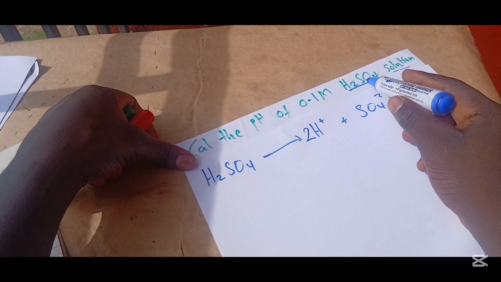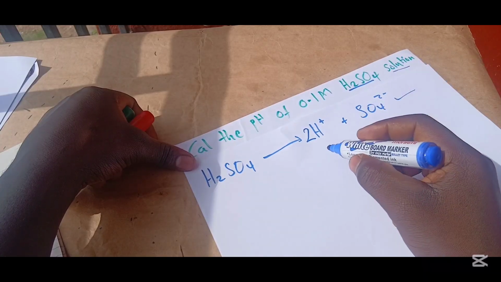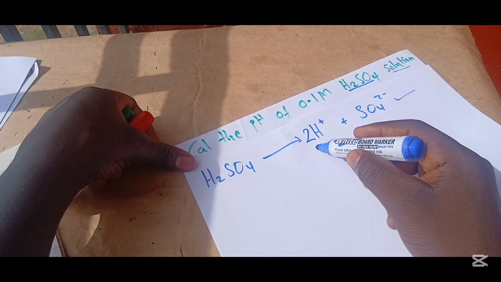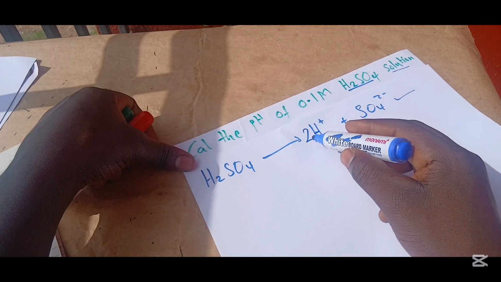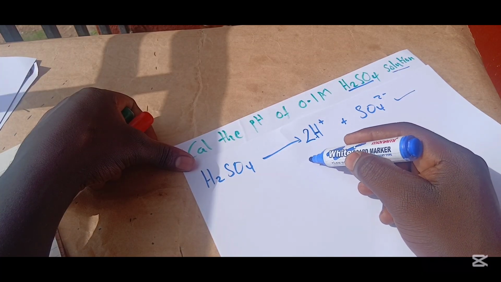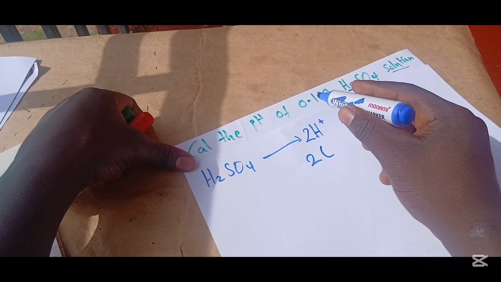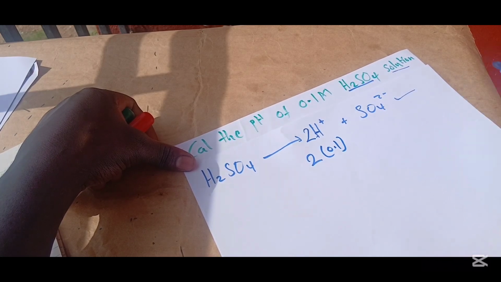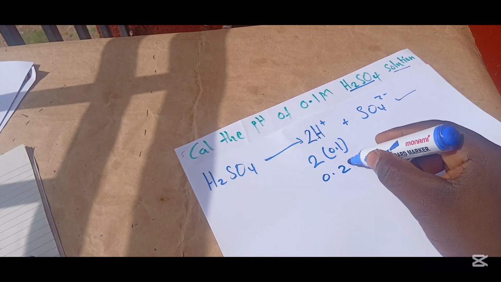We've been given the concentration of the H2SO4 to be 0.1. It means in this case, the H plus ion is responsible for the acidity. We have 2 moles of H plus ion here, so the concentration of H plus ion is going to be 2 multiplied by 0.1, which is 0.2 molar.